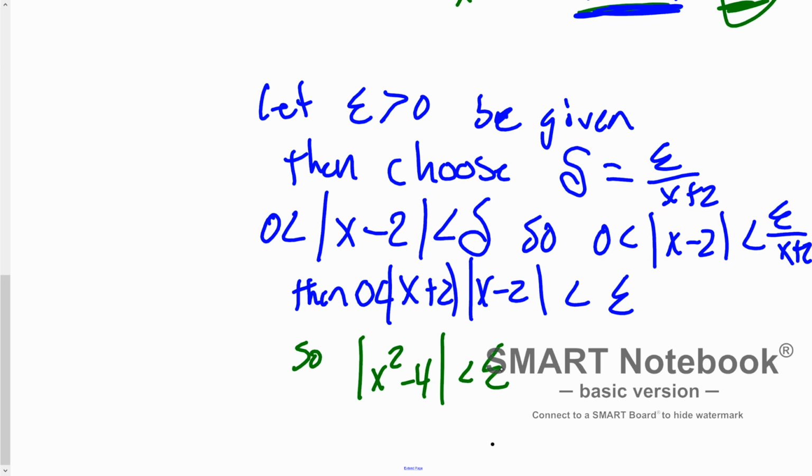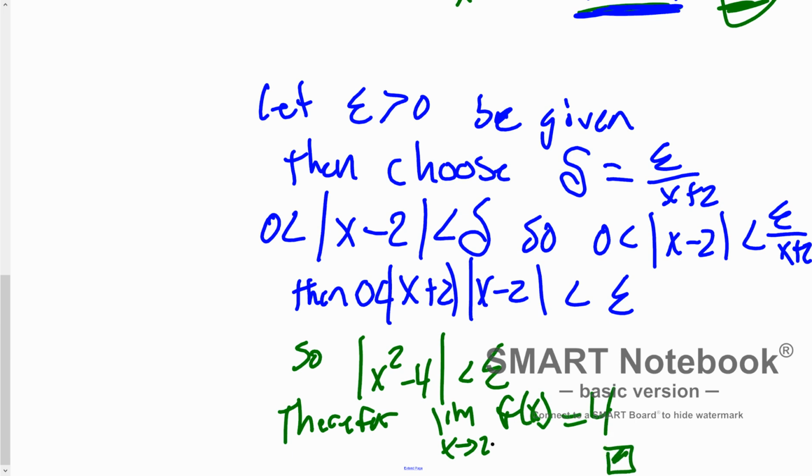Therefore, we proved it, right? We got to our f of x minus L. Therefore, the limit as x goes to 2 of f of x equals 4. Okay, so that's our proof. You can put QED, or you can put this little box thing. QED is Greek for what has been proven, I think.